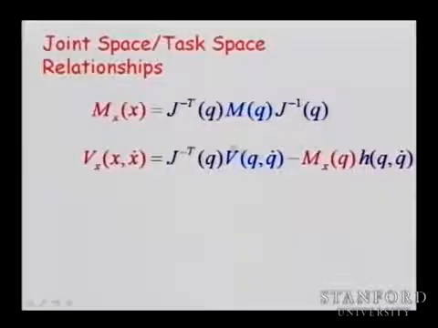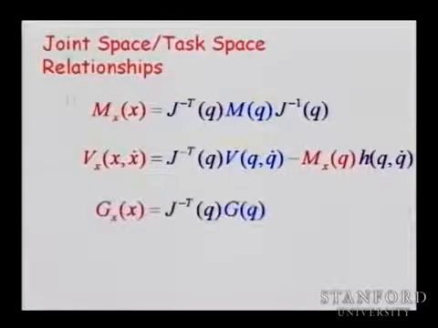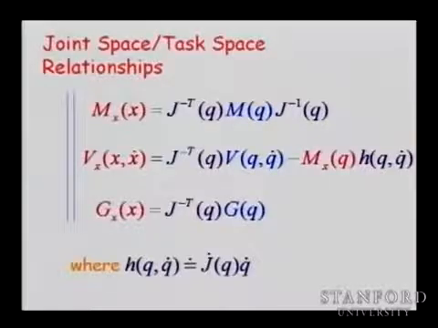So when you look at this as a torque and compensate and decouple centrifugal forces in joint space, you are not really decoupling the end effector centrifugal Coriolis forces, because the relationship between the two is different. By the way, H is just J dot q dot. So this H appearing there is this. So this is the relationship between the two.